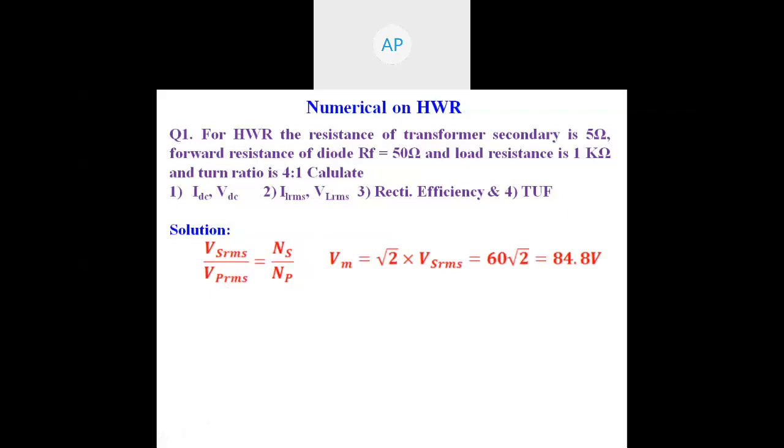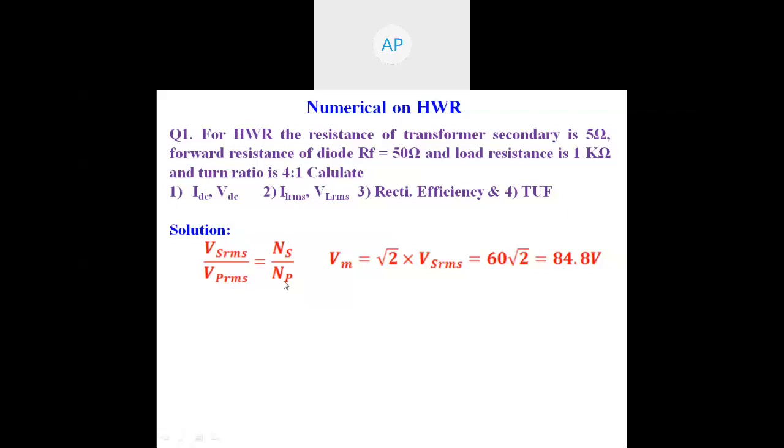Actually it's 230; the primary transformer voltage is generally from 180 to 240. So for calculation, assume the transformer primary voltage is 240. If we consider this as 240, then 240 into the turn ratio, which is given as 4 is to 1, primary to secondary.